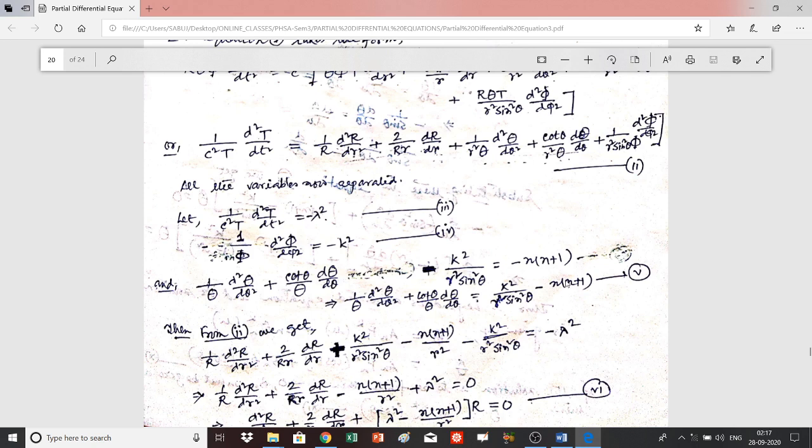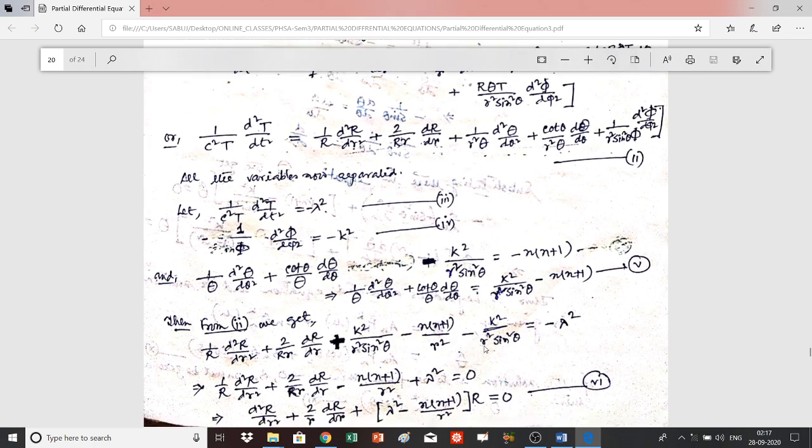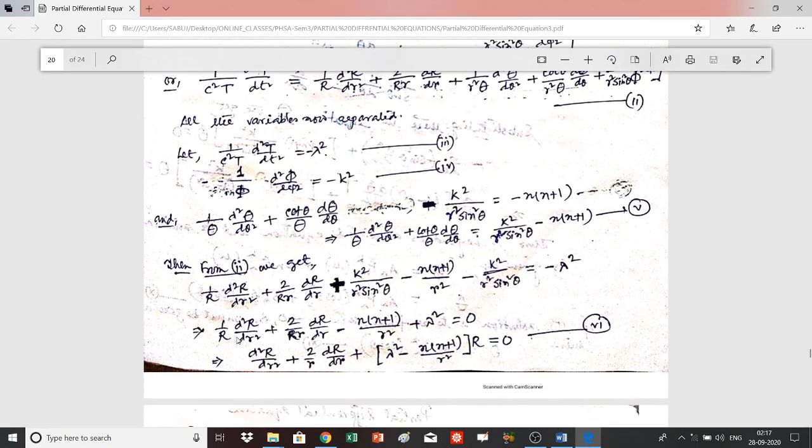Just substitute these values, and finally you will get this. Now simplify: (1/R) d²R/dr² plus (2/(rR)) dR/dr minus n(n+1)/r² plus λ² is equal to 0.